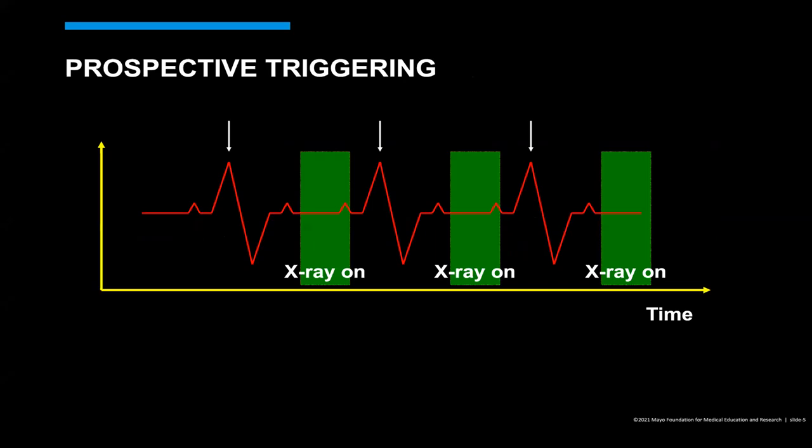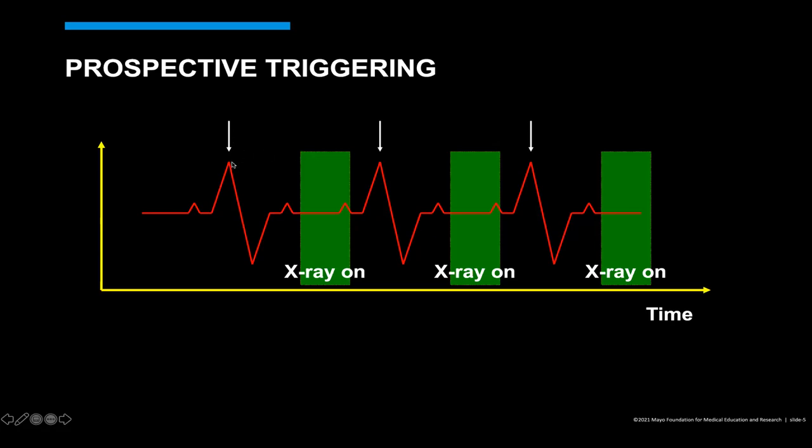And so with prospective triggering, the CT scanner is monitoring the ECG signal, it recognizes the peak in the R wave, and it's monitoring this even before you start your scan. So it's sensing what your average heart rate is, and then when it comes time to actually start your scan, it is going to be monitoring in real time.